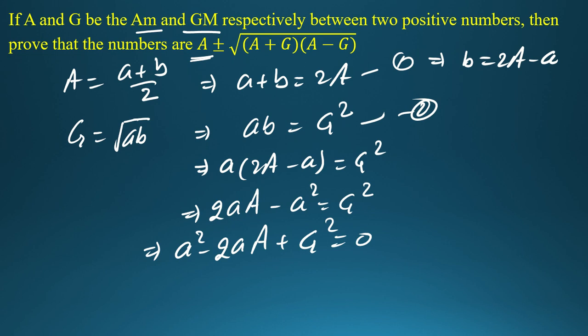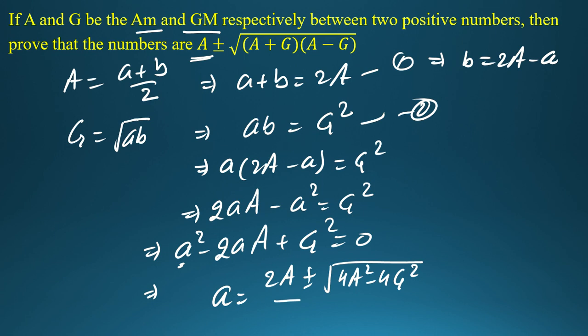Now it's a quadratic equation in small a. So get the value by quadratic formula: x = (−b ± √(b² − 4ac))/2a. Just simplify this equation and you will find this answer directly.